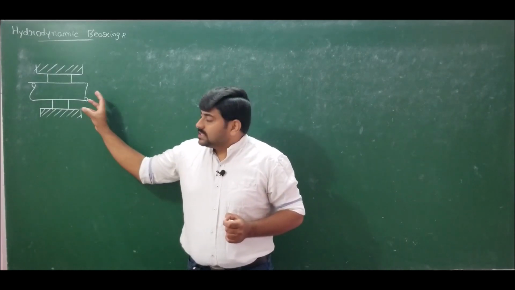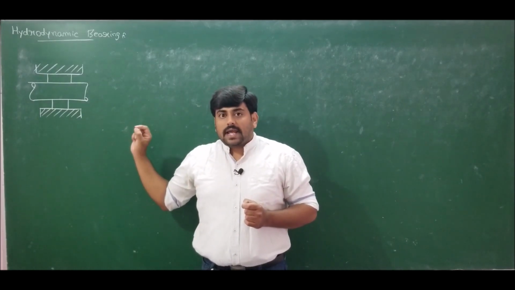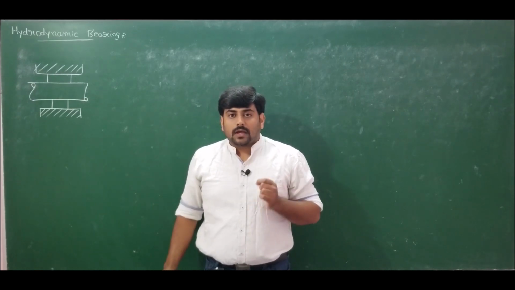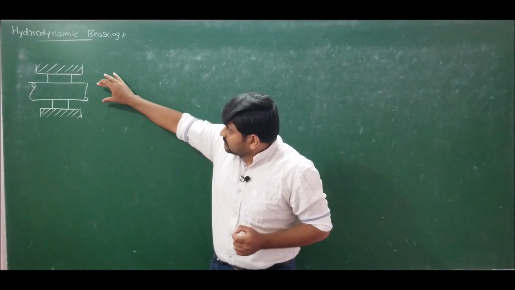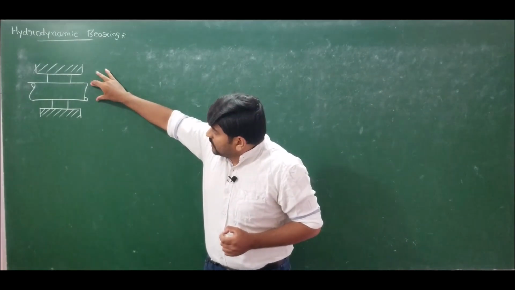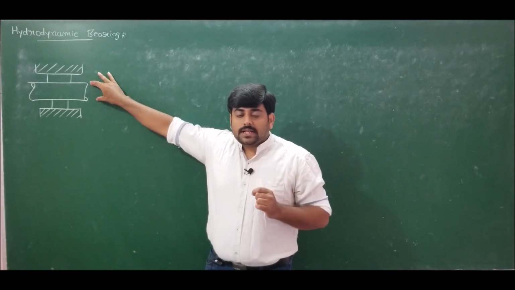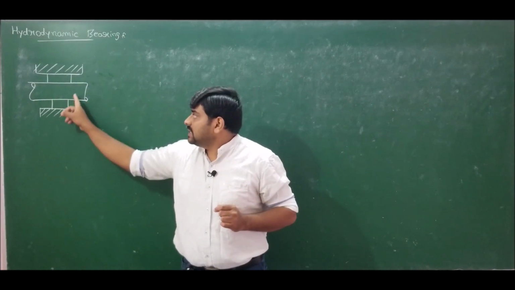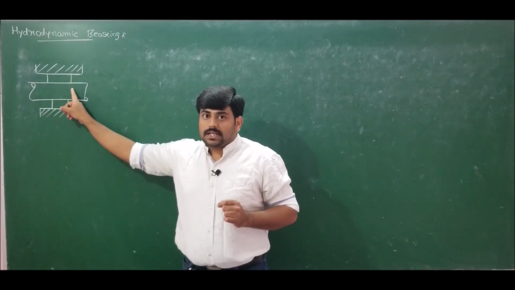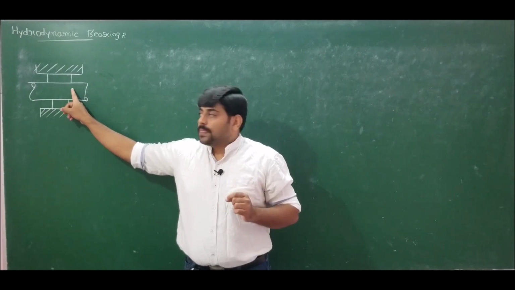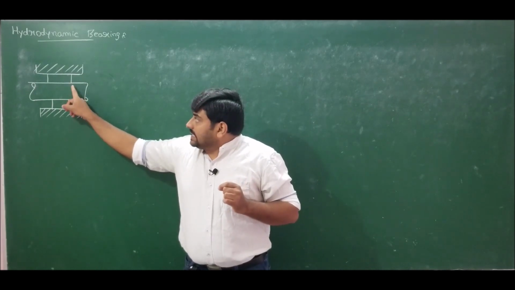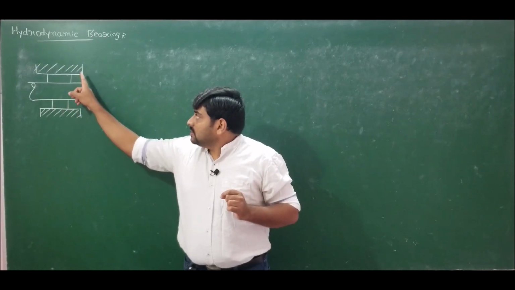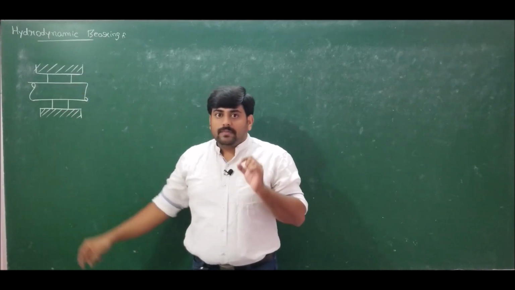Now how this pressure development mechanism takes place in a hydrodynamic bearing is a topic of interest. Apart from that, if the rotation of the journal is very high, let us say the journal rotates at very high speed, and the viscosity of the lubricant present between the bearing and the journal is very high, and the load acting on this journal is very small, then both the journal and the bearing will be concentric.